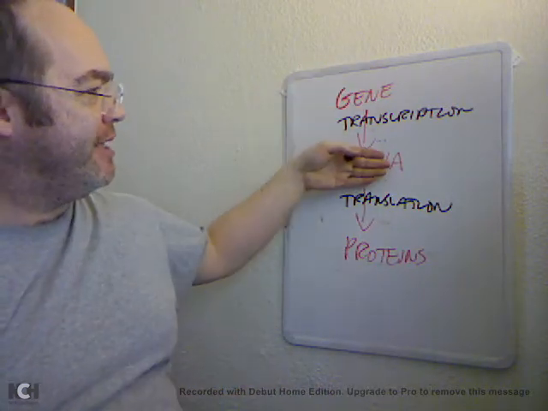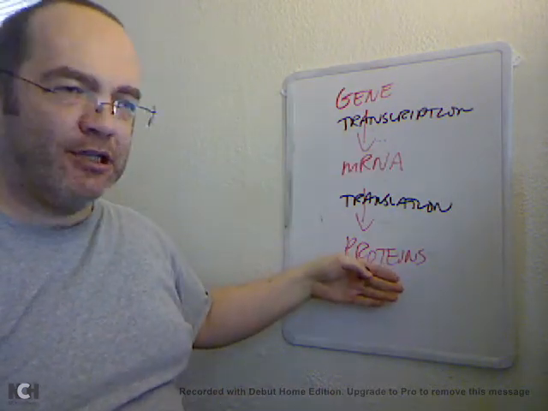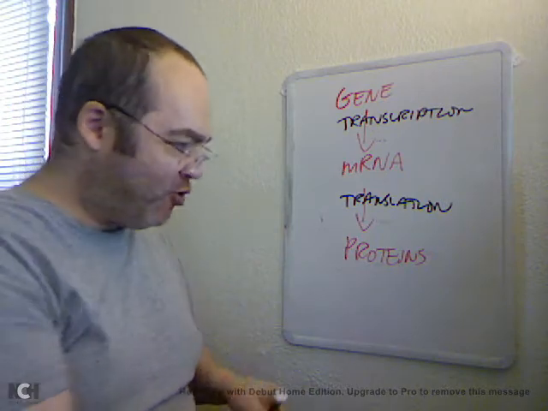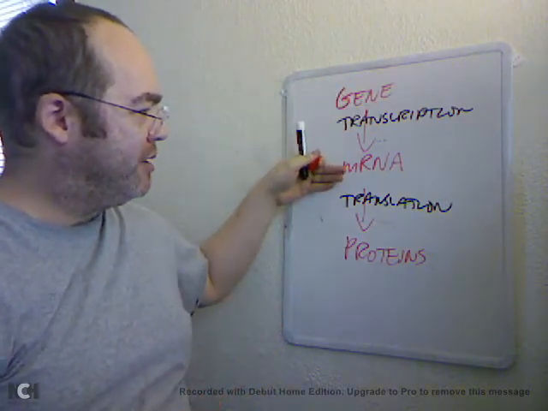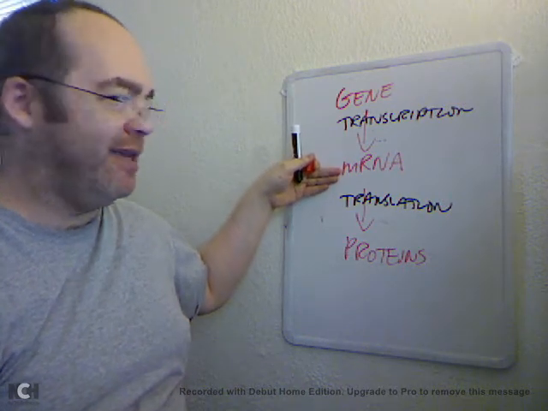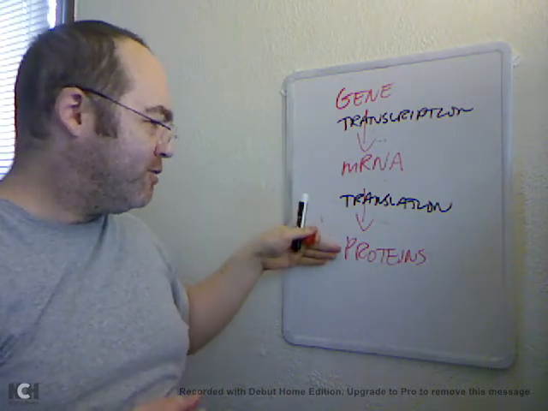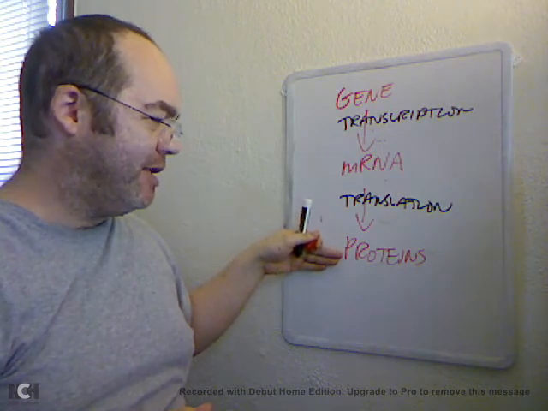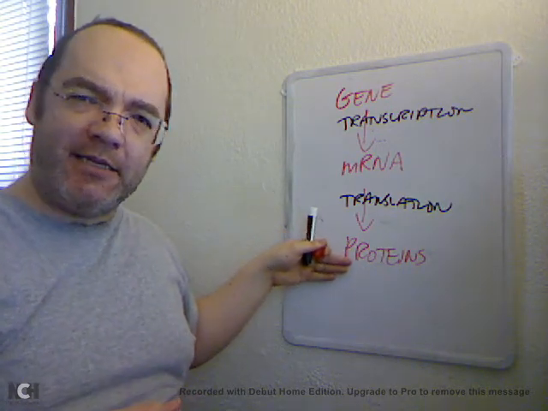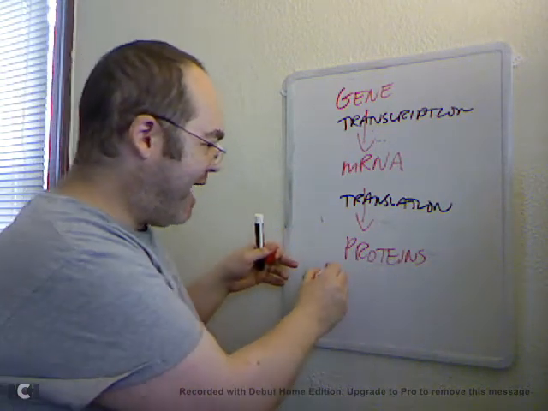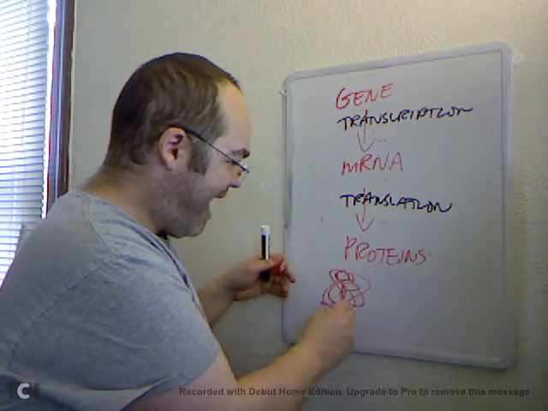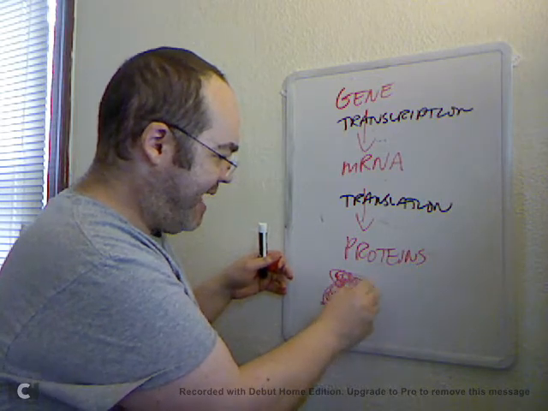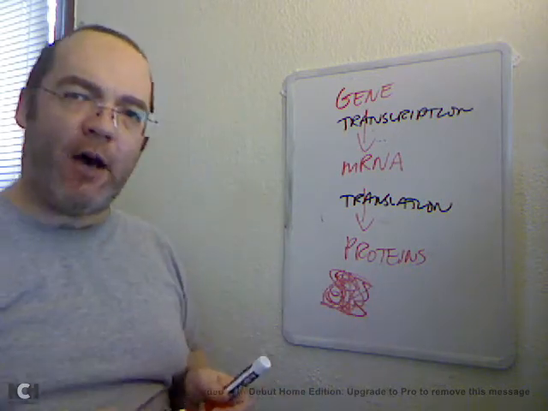A gene is transcribed, and that is then translated into a protein, and the sequence of the gene describes the sequence of codons in the messenger RNA, and the sequence of codons describes the sequence of amino acids, and the sequence of amino acids describes how that protein is going to fold up.